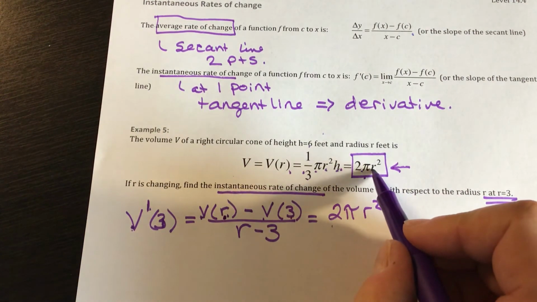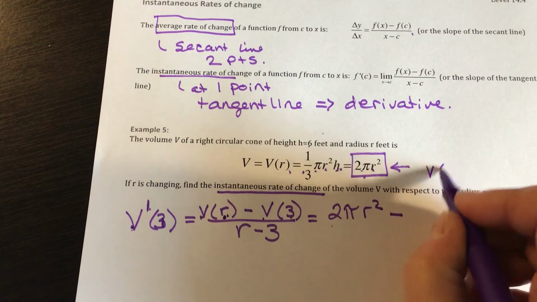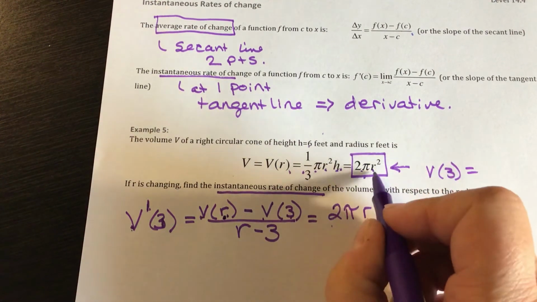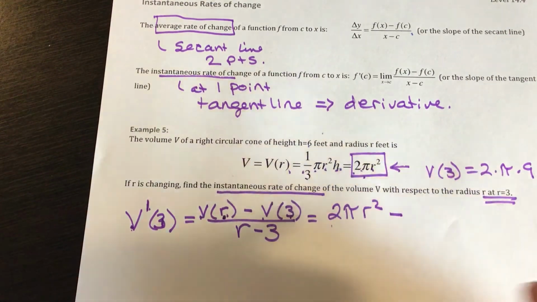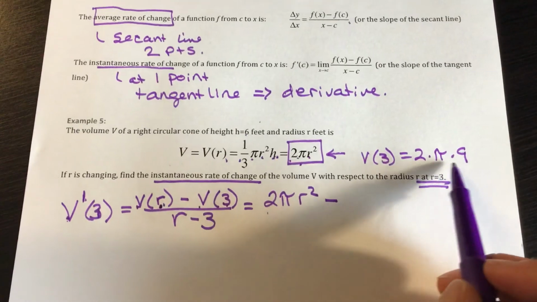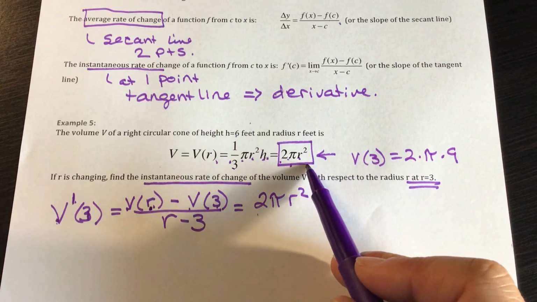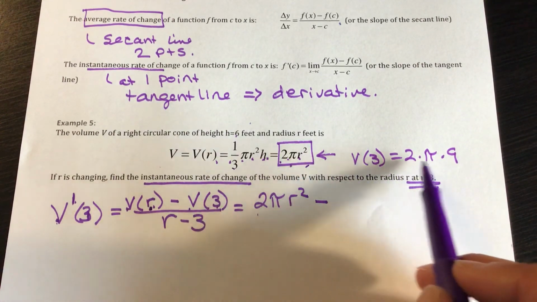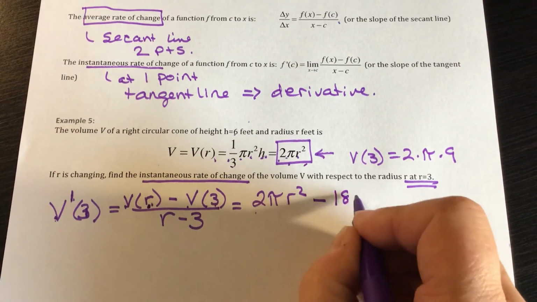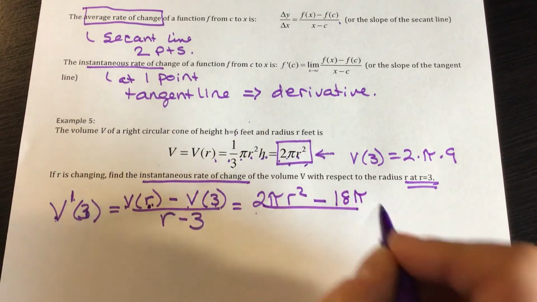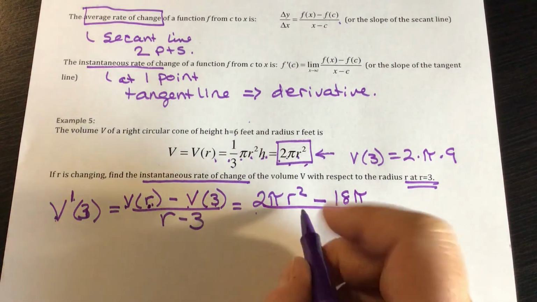Now I need to plug in 3 here. So I have 3 squared is 9, and 9 times 2 is 18. So if I plug 3 into the function, I get 18 pi. And on the bottom I have r minus 3.